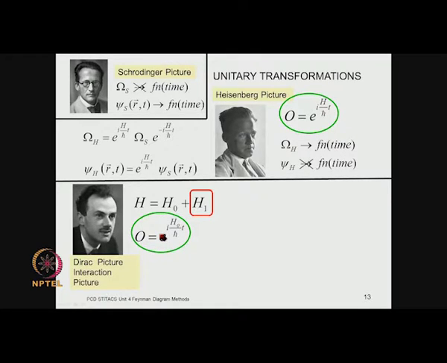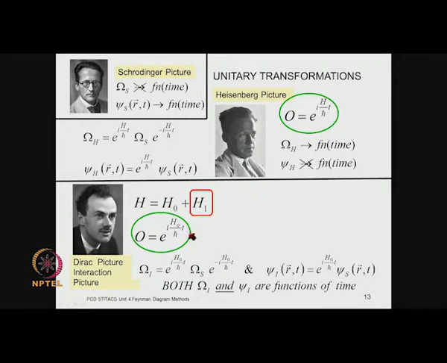So, that is the big difference, and this is what gives you the Dirac picture operators omega I, and the corresponding interaction picture wave functions are obtained from the Schrodinger picture wave functions by operating on these Schrodinger picture wave functions by the same transformation operator, which is e to the i H 0 over h cross t, right.